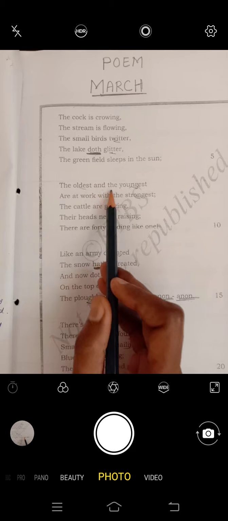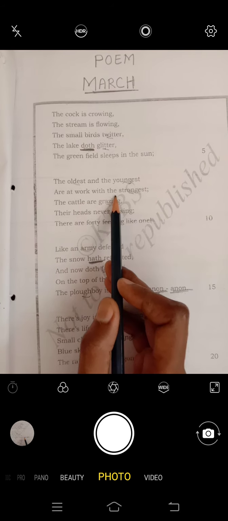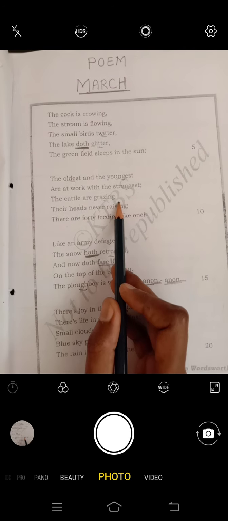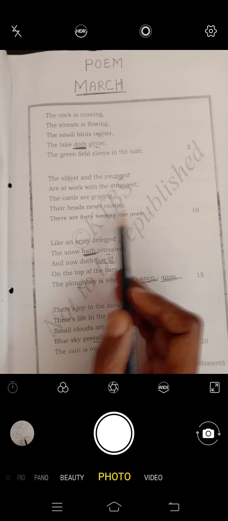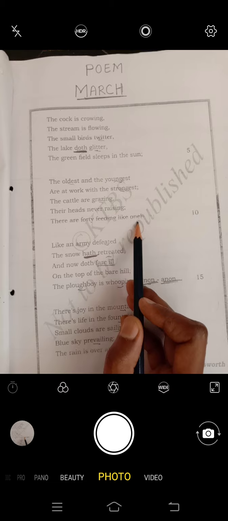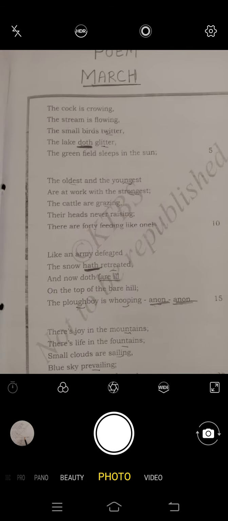The oldest and the youngest are at work with the strongest. The cattle are grazing, their heads never raising. There are forty feeding like one. So these are the 10 lines.